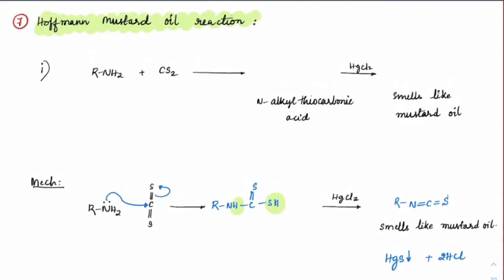The formation you will see here is R, NH, C double bond S and SH, which is N-alkyl thiocarbonic acid. That on treatment with HgCl2 forms this thioisocyanate, R N double bond C double bond S, which smells like mustard oil.